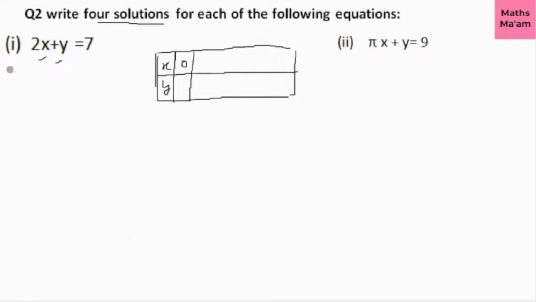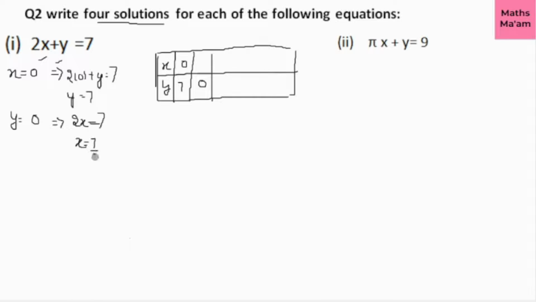If x is equal to 0, then y would be equal to how much? 2 times 0 plus y is equal to 7. So y is equal to 7 only. Now if you have y 0, then 2x is equal to 7, and x is equal to 7 by 2, like this.